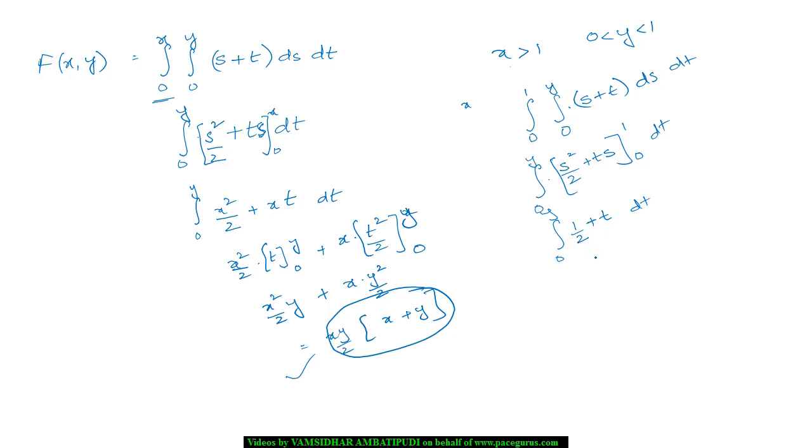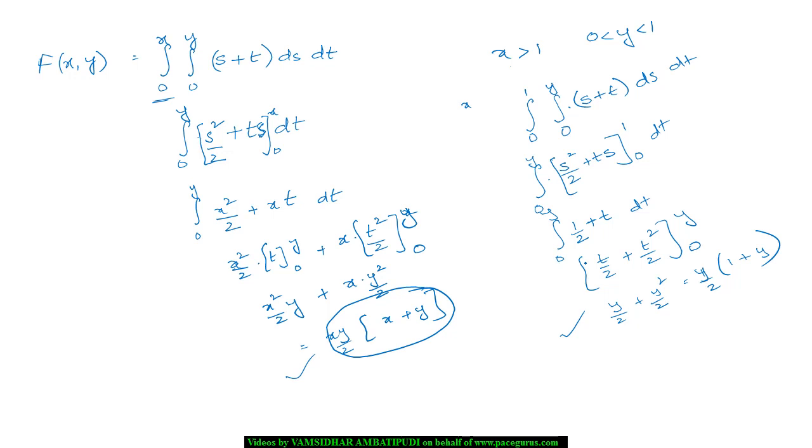So this is t by 2 plus t squared by 2 integrated between y and 0. This works out to be y by 2 plus y squared by 2, which is y by 2 times 1 plus y. So this would be the area when x is greater than 1 and y is lying between 0 and 1.